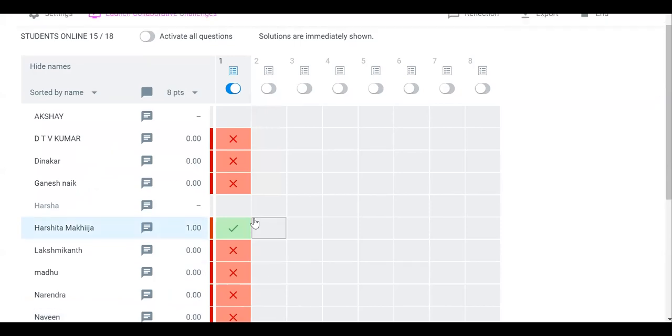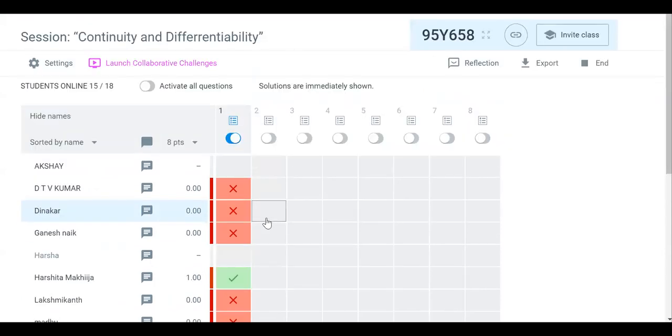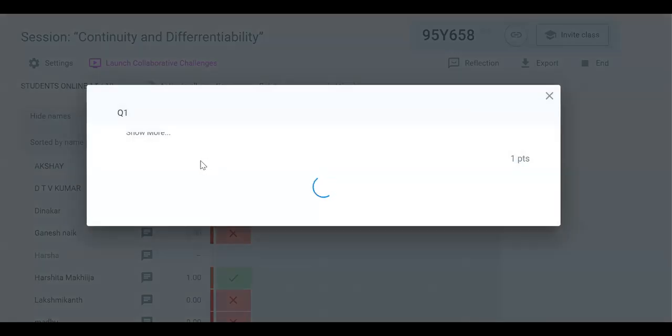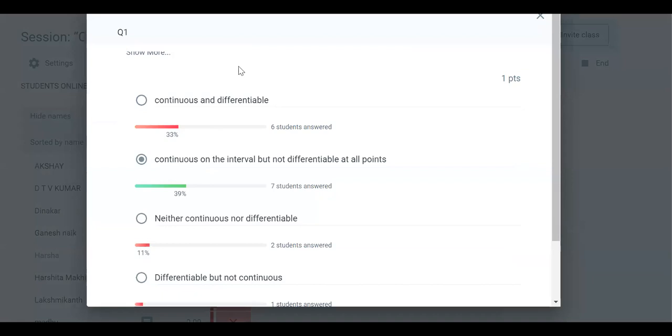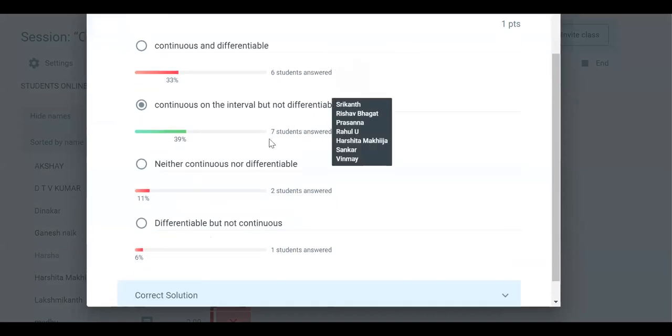So how many answers are correct? Let's verify. Look at the screen. 7 students marked right. 6 students wrote continuous and differentiable. 1 student wrote differentiable but not continuous.